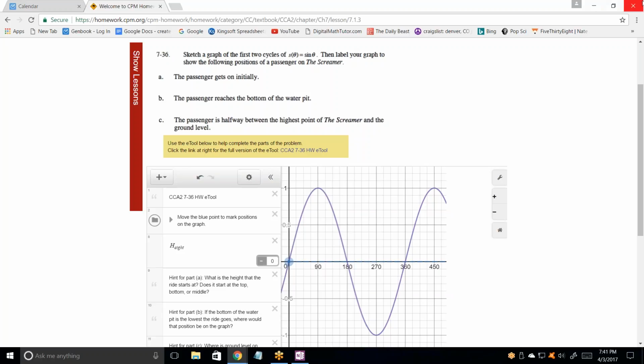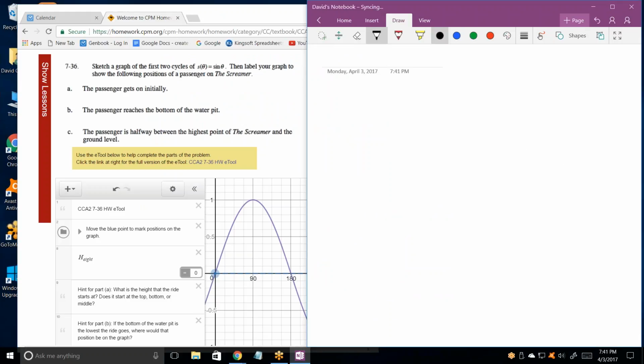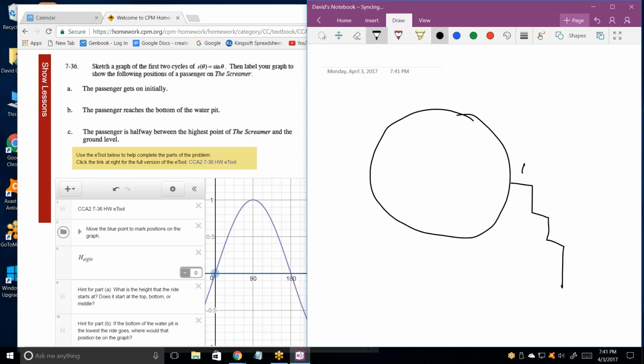And when you get on one of these things, let me draw it. Here's the ride. Well, let's say they have steps up to here, and you get on right there. Okay? And the thing is going that direction. Well, what are you doing? You're getting on at the middle point and going up. That's a sine function.